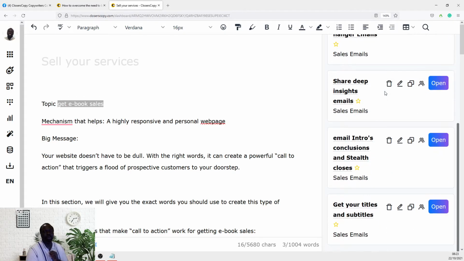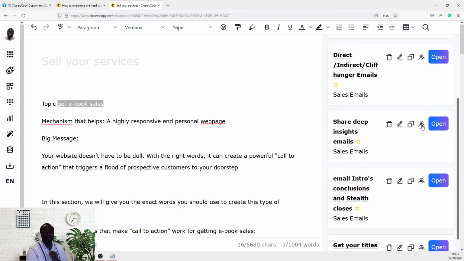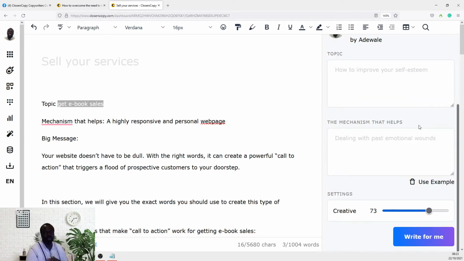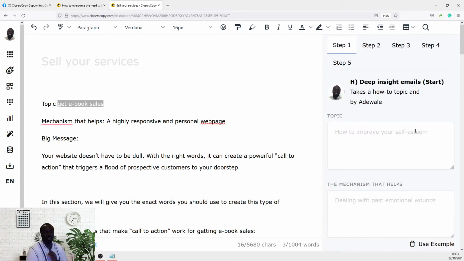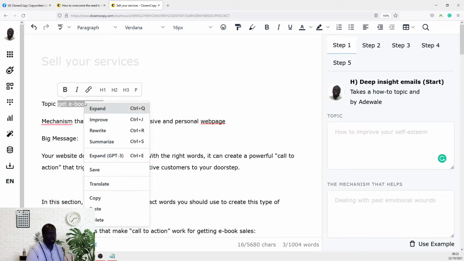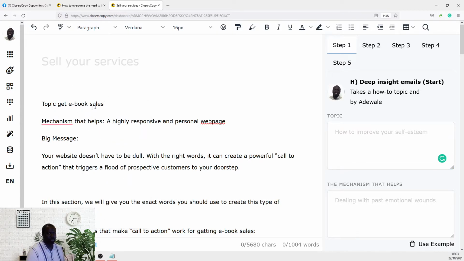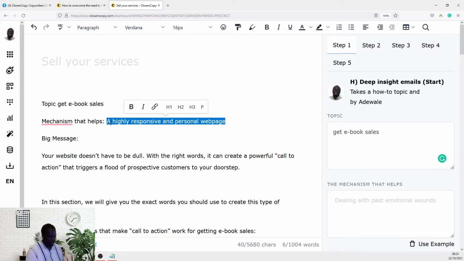Then going a bit deeper, I love these emails here. Again, it connects to your topic and the mechanism that helps. So we take the topic, and the highly responsive web pages mechanism that helps.